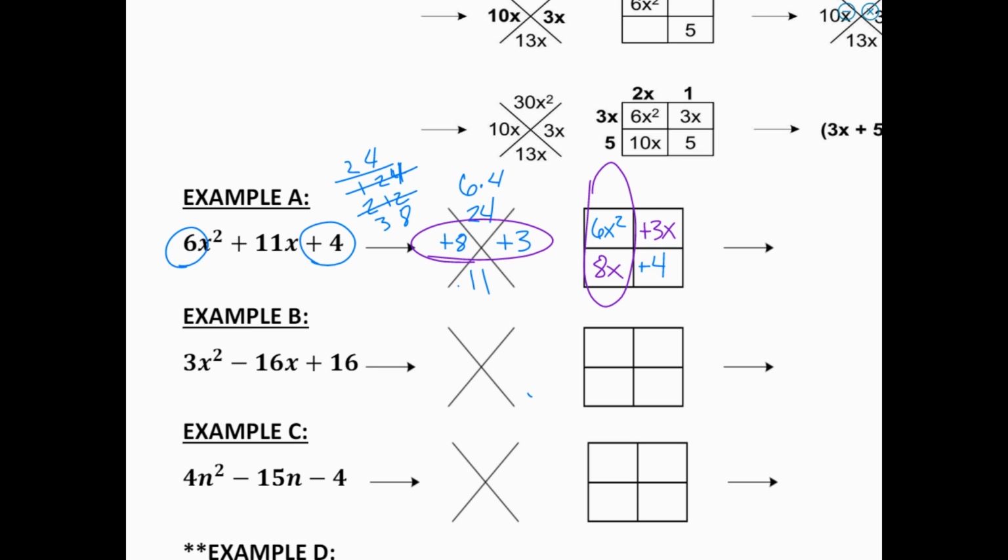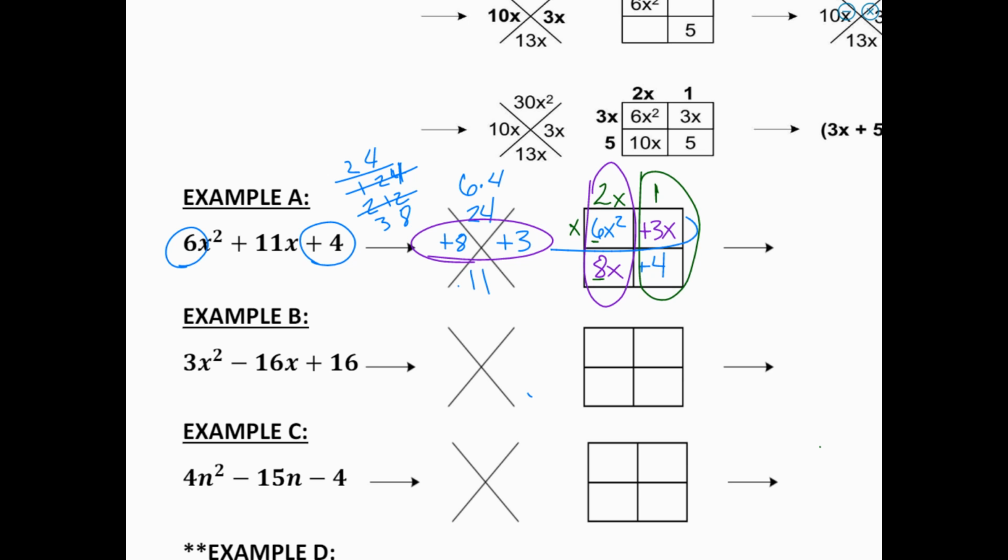You can't just use x times x. There will be an x times x, but you do need to figure out what your common factor is between the numbers. So between 6 and 8, the only thing that divides both of them is 2. Okay, and then we have the same thing here. Okay, the only thing that divides 3 and 4 is 1.